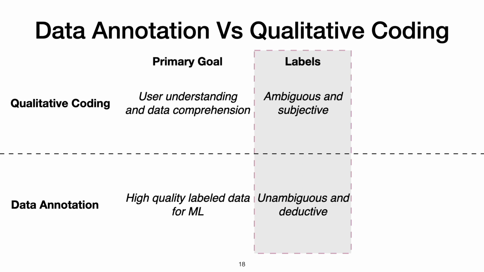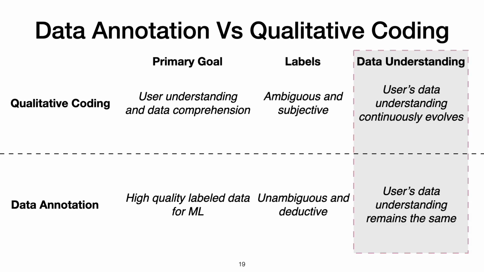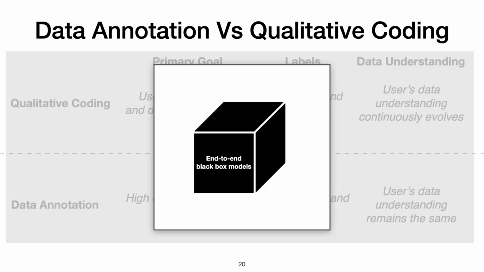Secondly, the labels involved in qualitative coding are often ambiguous and subjective, as opposed to the data that are mostly used in data annotation tasks that are usually very deductive and unambiguous. Lastly, in qualitative coding, the user's understanding of their data is continuously changing and evolving, which is often not true in data annotation tasks.